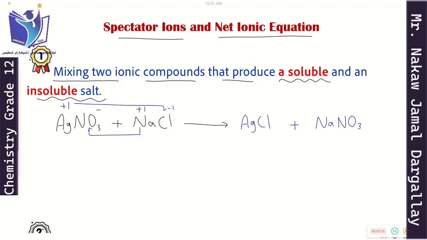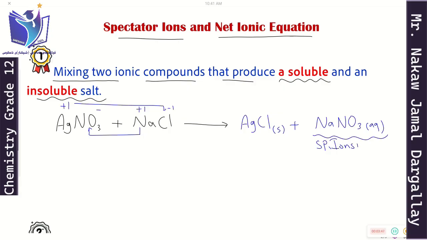Sodium salts and nitrates are soluble in water, but AgCl, silver chloride, is insoluble in water. From the soluble compound, we can find spectator ions directly, but you have to separate ions.